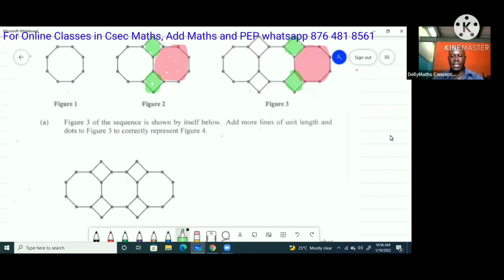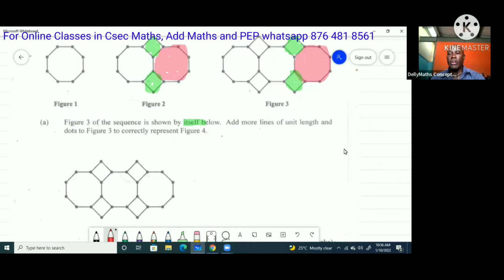So in this case, it says the figure 3 of the sequence is shown by itself, right? Add more lines of unit length and dots to figure 3 to correctly represent figure 4. So for figure 4, definitely we know what's going to happen here.